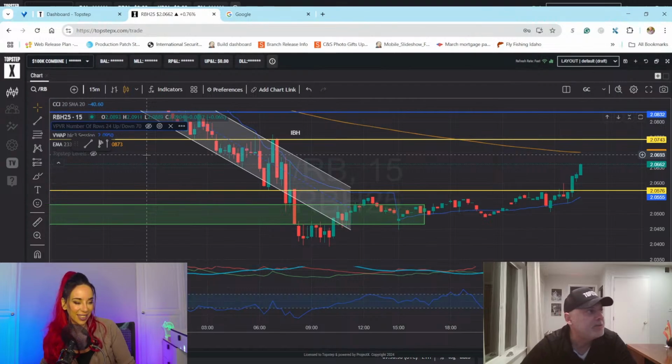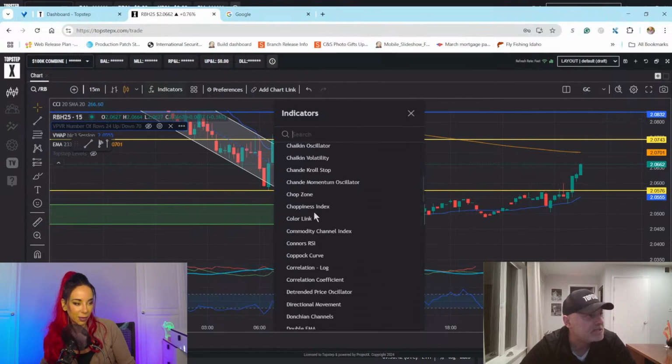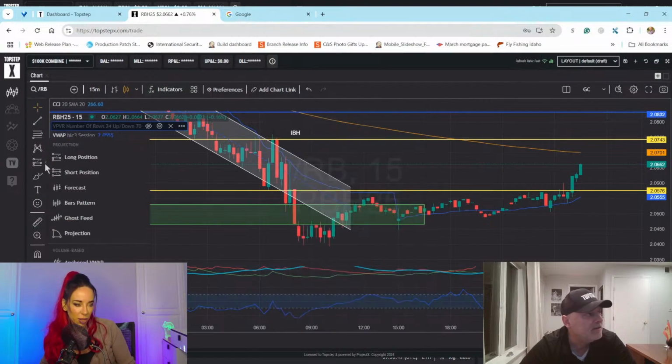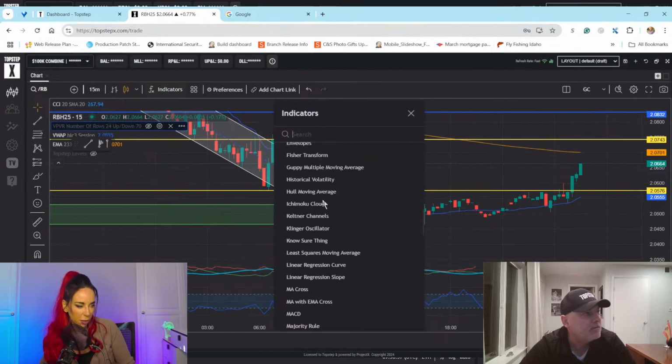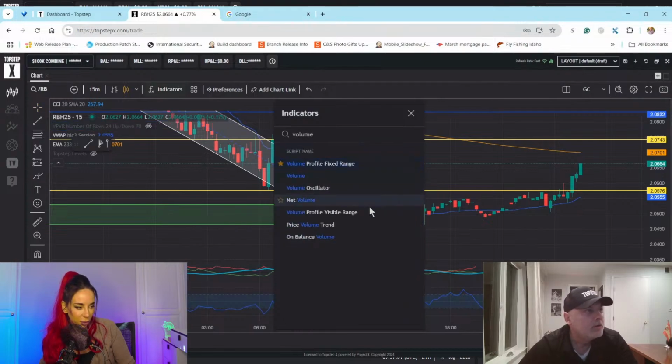So volume profile. Topstep X is still a relatively new platform. It's called volume profile fixed range, and it's in the indicators. Just go to volume and type it in, because there's a million things in there, then fixed range.